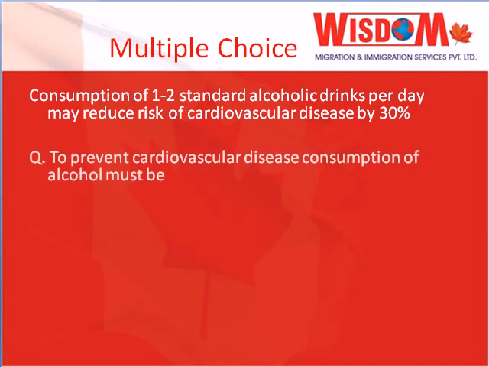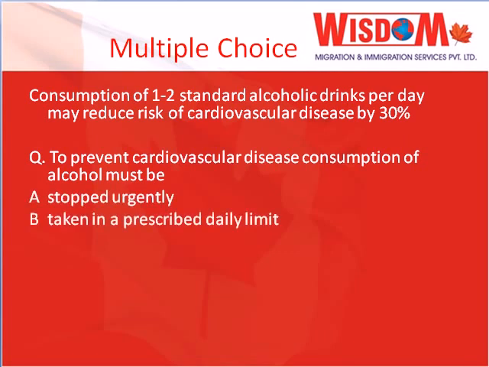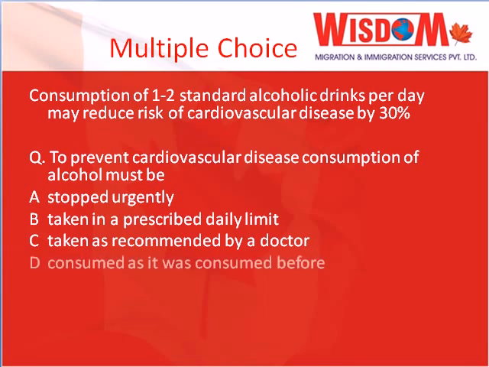The question is, to prevent cardiovascular disease, consumption of alcohol must be A. stopped urgently, B. taken in a prescribed daily limit, C. taken as recommended by a doctor, or D. consumed as it was consumed before. It is clear from the text that consumption of 1 to 2 standard drinks may reduce the risk. So 1 to 2 standard drinks is the prescribed amount. So the answer would be B.